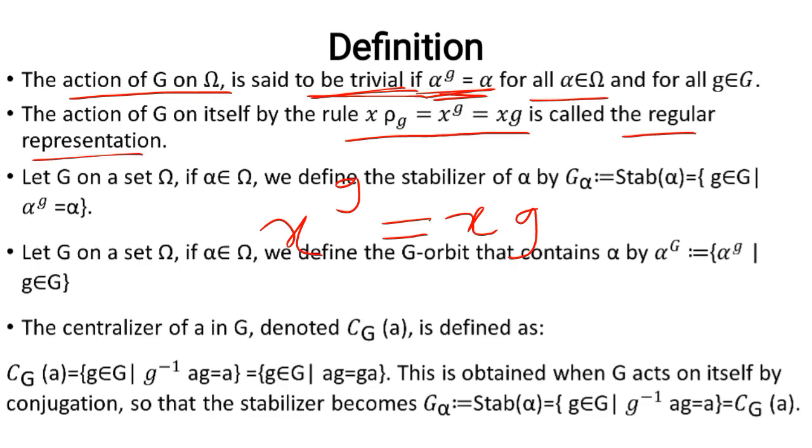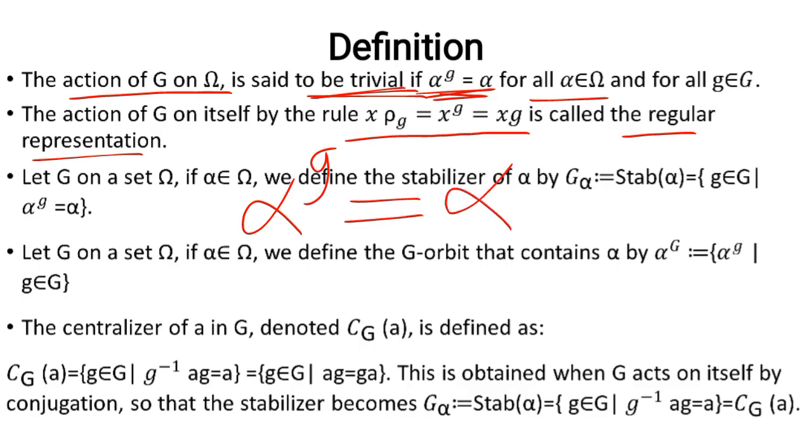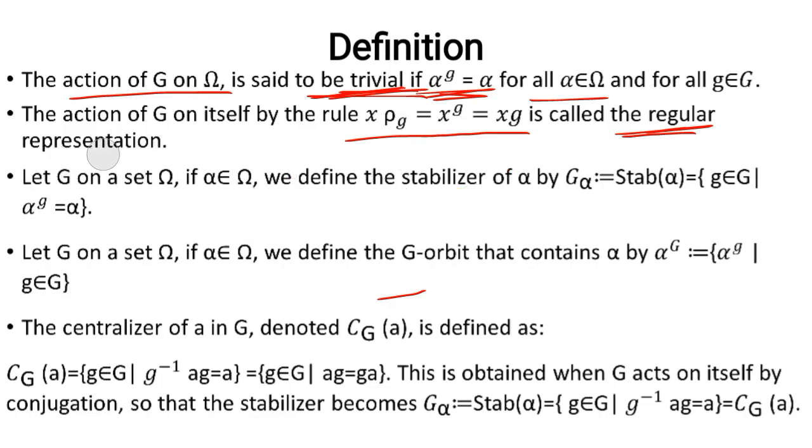So if alpha G is equal to alpha, we say we have a trivial action, right? Now, if it is alpha G and it gives you alpha with G by the side, we call it a regular representation. Okay, so those are two definitions again added to the collection of definitions you ought and need to know.